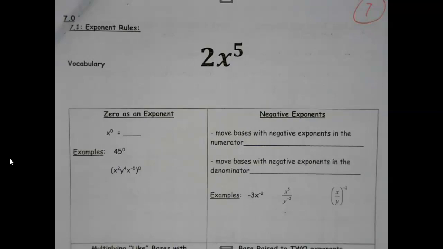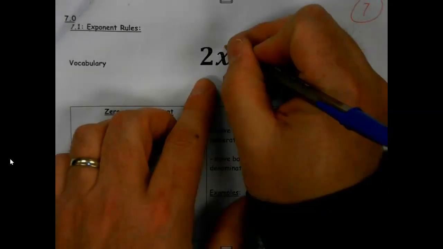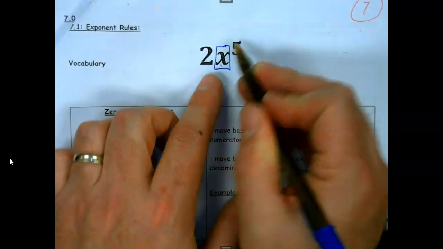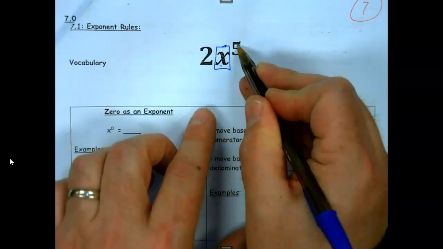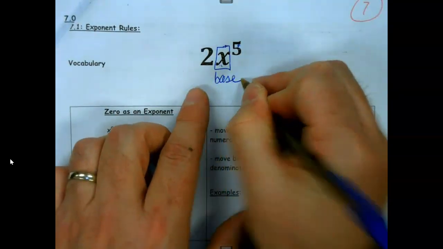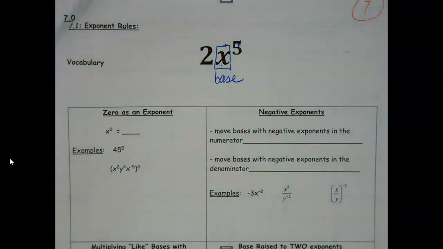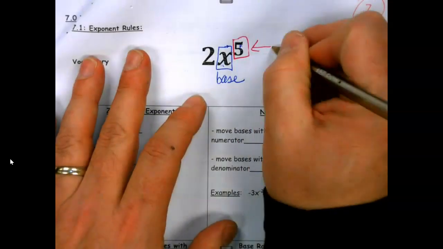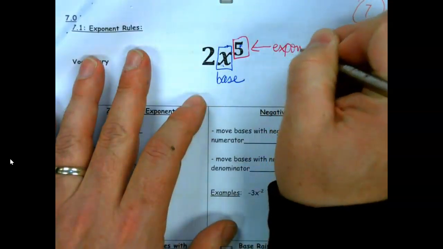When I'm looking at this, if there is a value that I am taking to an exponent, just the x is being taken to the exponent here. So this is my base. You just got me done saying it, but I think you know what this is already. This is our exponent.